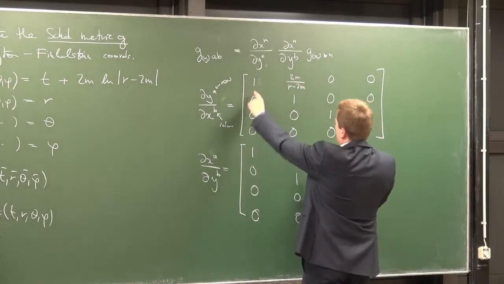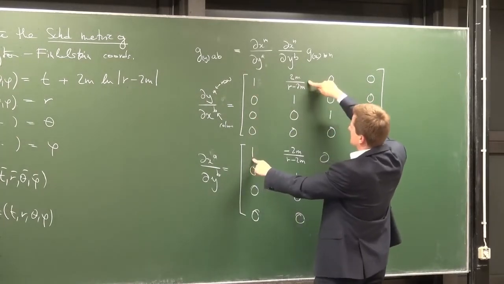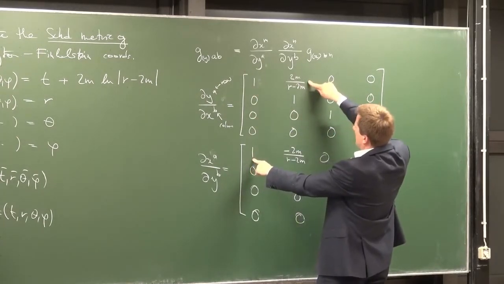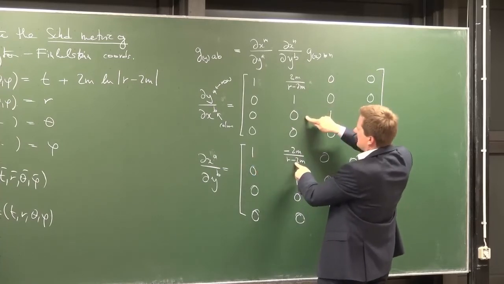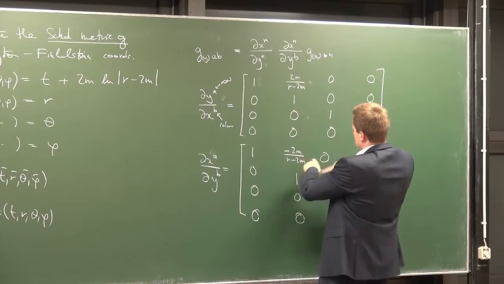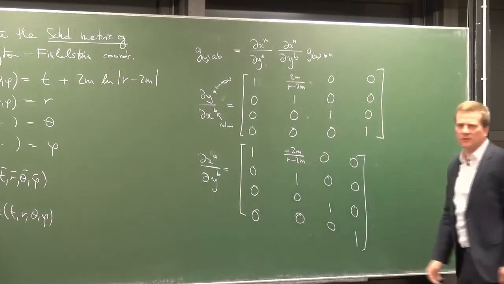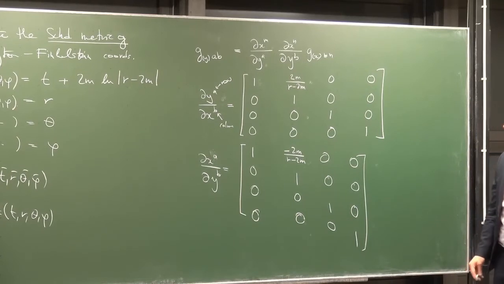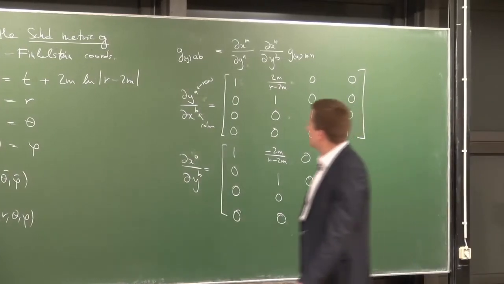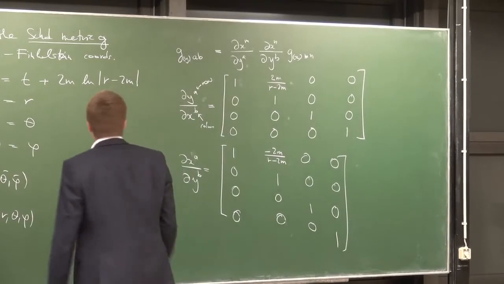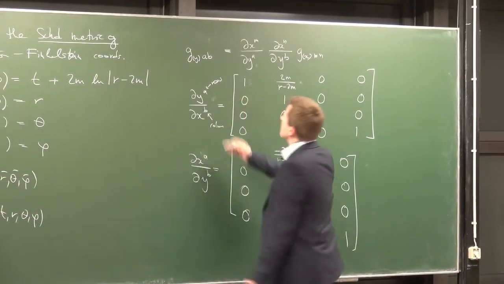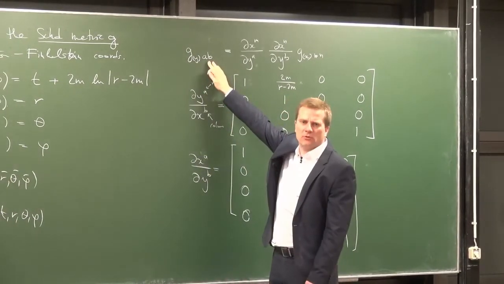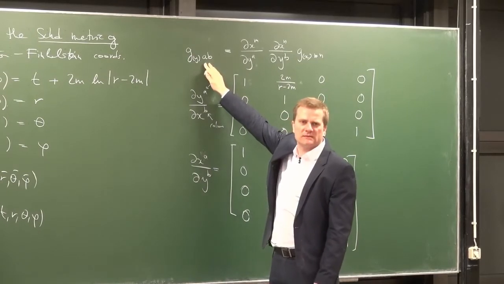This is 1 times this, minus 1 times the same is 0, 0, 0, and so on. You can check this is the inverse. Okay? Aha. So now we have this inverse. All that we need to do now is evaluate component by component what the new components are.